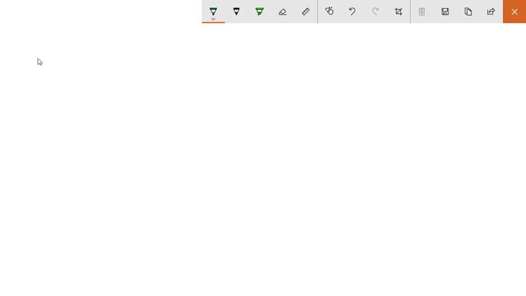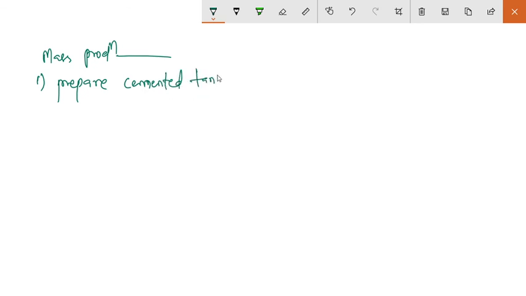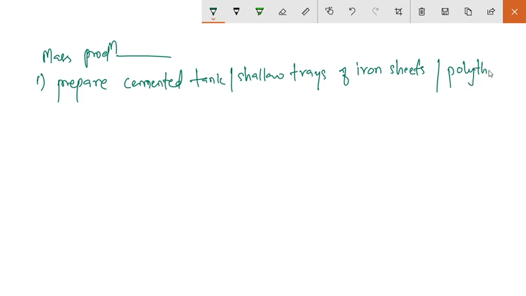First of all, prepare a cemented tank, or shallow trays of iron sheets, or polythene lined pits. Okay, यापैकी कुठलं पण एक या ठिकाणी आपण घेऊ शकतो.